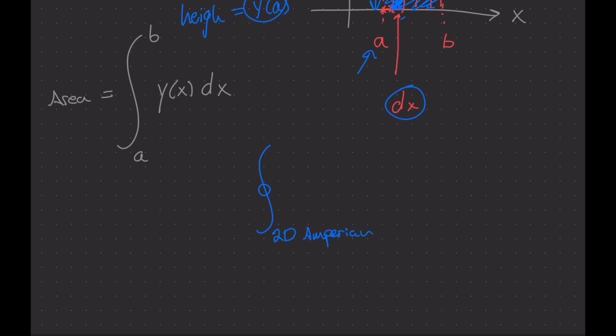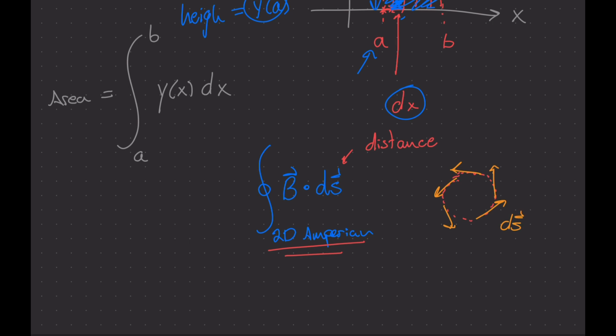Cool. When you're using these integrals here, you have to look at what the bounds are. So for Ampere's law, you have B dot ds. In this case, ds over here is a distance. And this 2D Amperian loop could be, for example, a circle. So you could quantify each little part of this loop as having these tangent lines, which are called ds, and they are vectors because they have a direction.